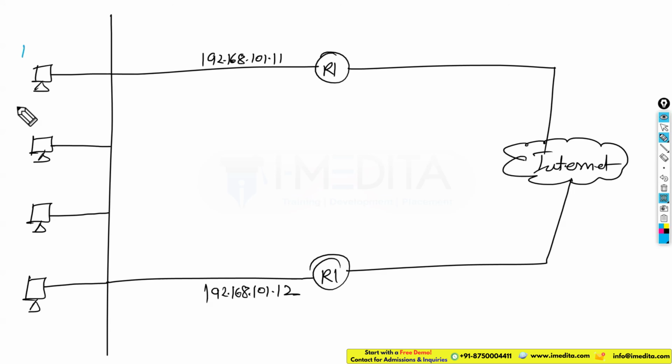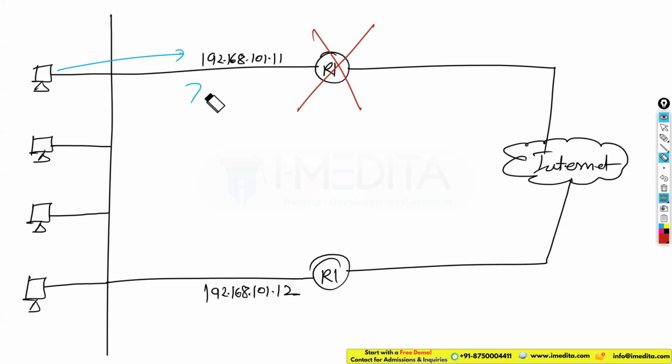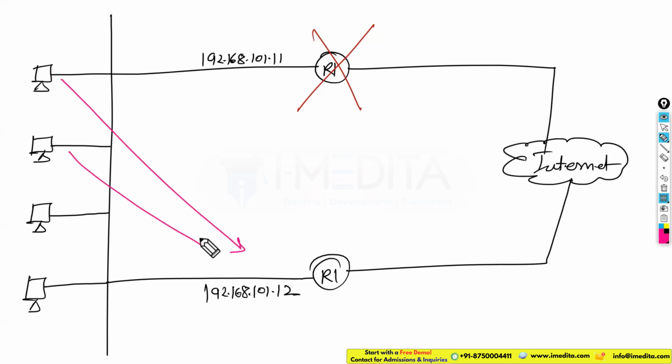Because we have configured the gateway as 11 on all LAN hosts, now all the traffic will go via router 1 toward the internet. Suppose the router goes down, then what will happen? We manually need to change the gateway from router 1 to router 2. So we will change the gateway to 12, then they can go to the internet.